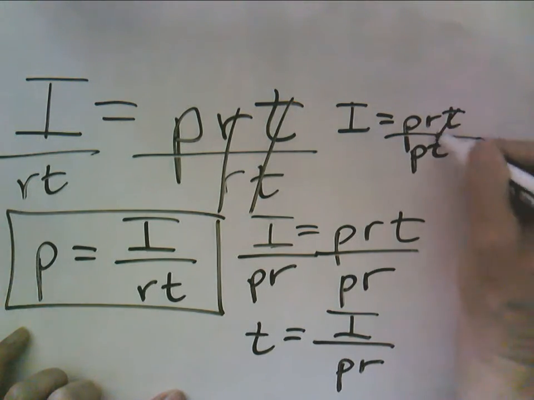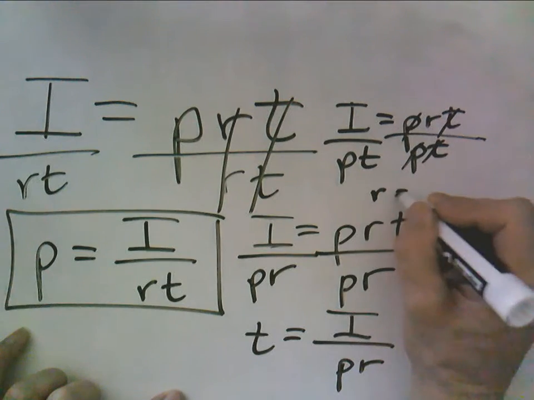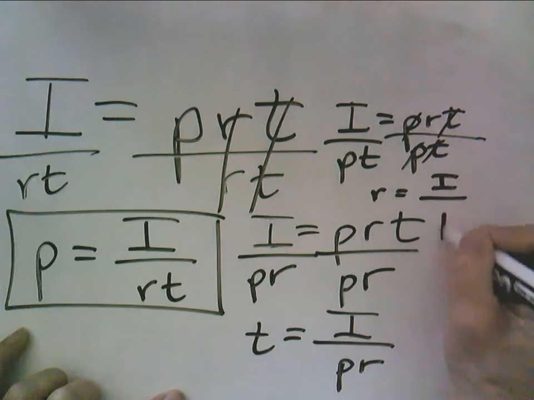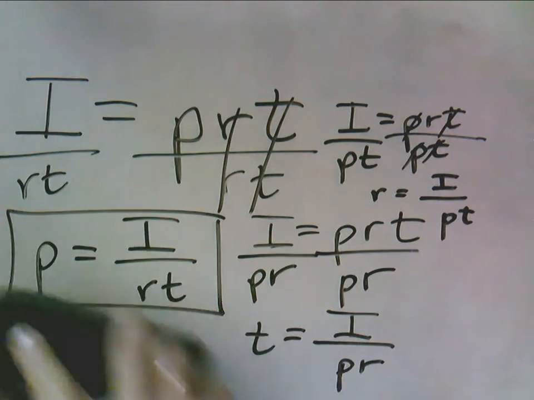P and T. They cancel out, and I get R equals I over PT. Okay, so this is what we're going to be doing. We're going to practice solving for different variables using skills that we've already learned.